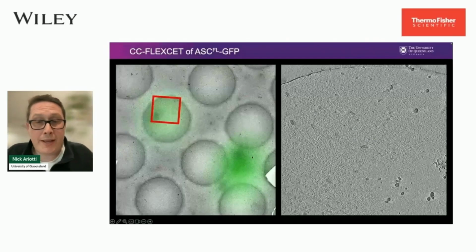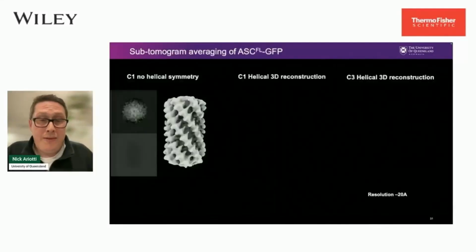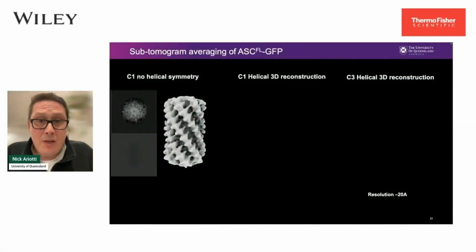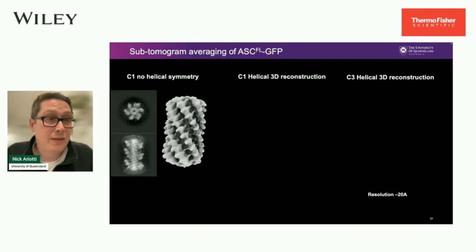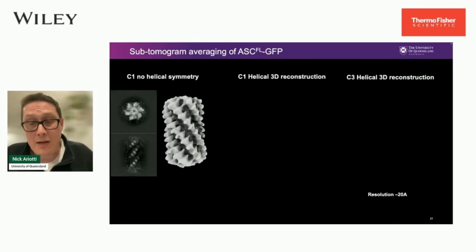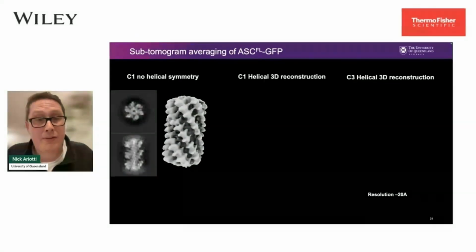So we went ahead and applied our structural pipeline on these ASC filaments. What we have here is a very interesting structure. Looking top down at the ASC, it actually looks quite like a flower. It's unfortunate, but this didn't get to very high resolution, only around 20 angstroms.